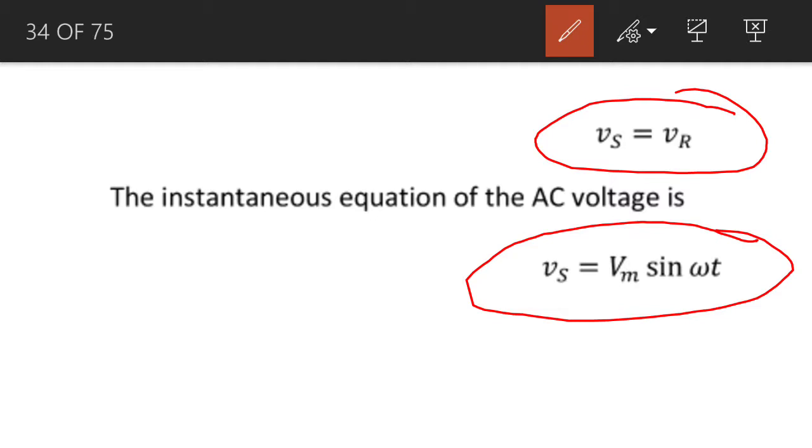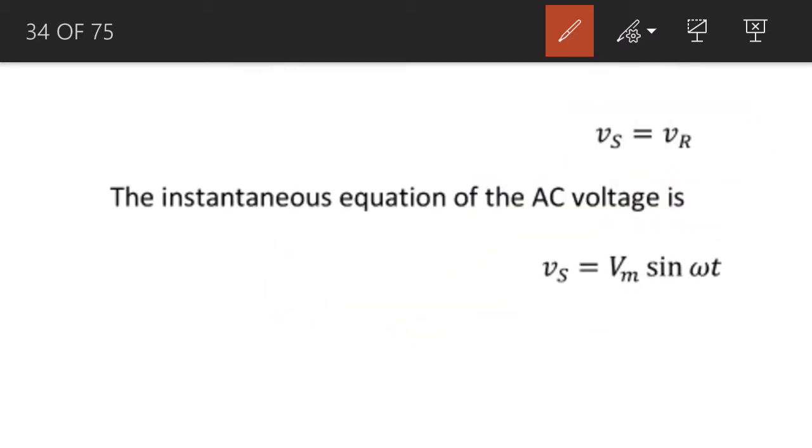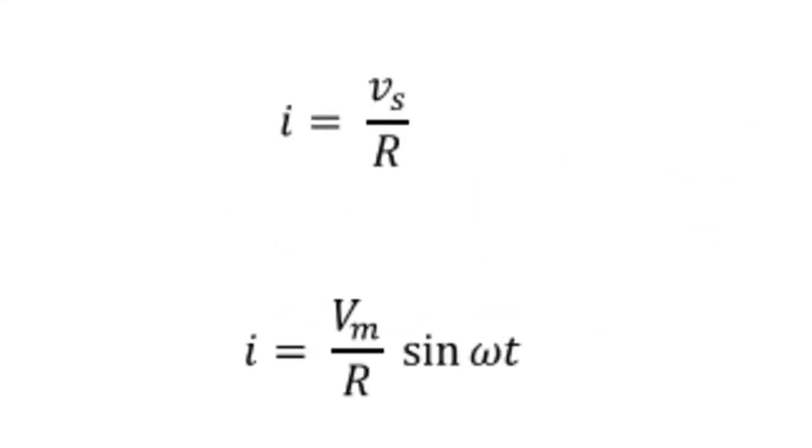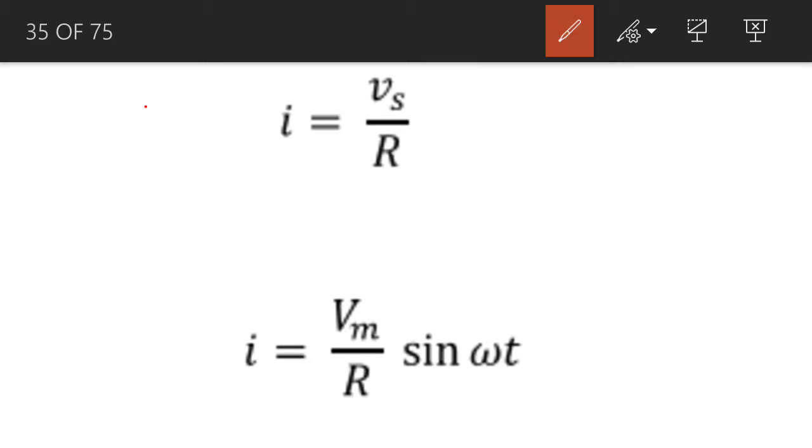So this is the equation for the voltage across the resistor. Why? Because Vr is equal to Vs. So we are going to find out the AC current in this particular circuit. The AC current in the resistor will be equal to the voltage across the resistor divided by the resistance of this resistor.